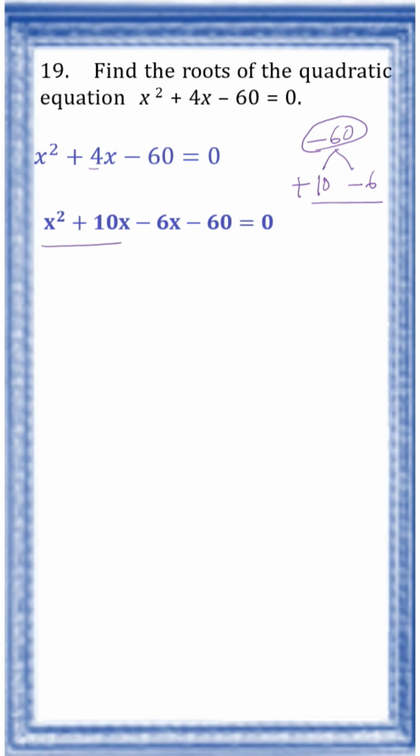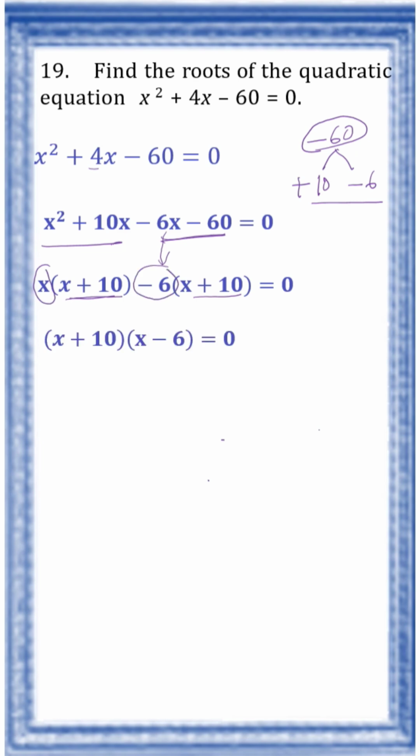Now group. Here x is common, here minus 6 is common. If I take minus 6 here, x minus 10, x plus 10. Here and here you should get the same number. So first you write x plus 10 into x minus 6, that is equal to 0.